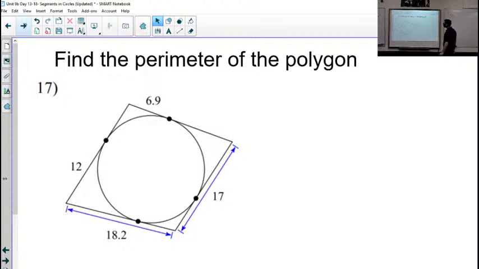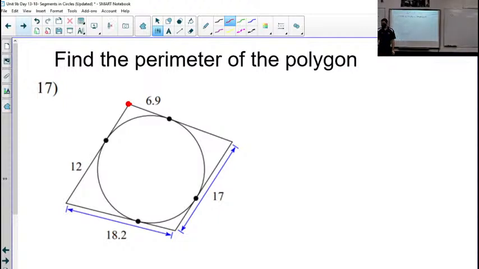And what we're going to be doing here is using the fact that these common tangents have to match. And so we're going to find where they are and use that to build our way around the circle and get all the measurements. It's going to work nicely that we're going to work our way around the circle. So, first one.